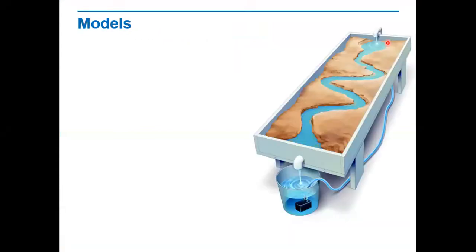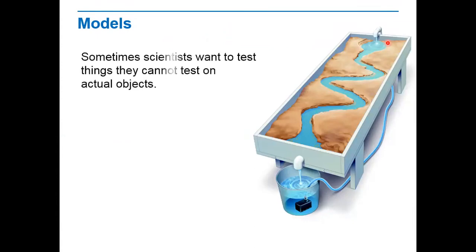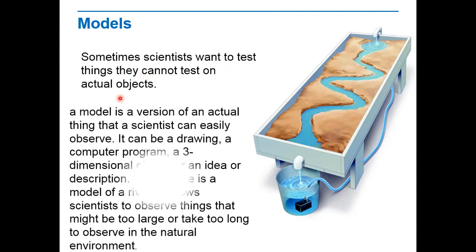Today we will study about the models. This is a model of a river. Sometimes scientists want to test things they cannot test on actual objects. So, a model is a version of an actual thing that scientists can easily observe.